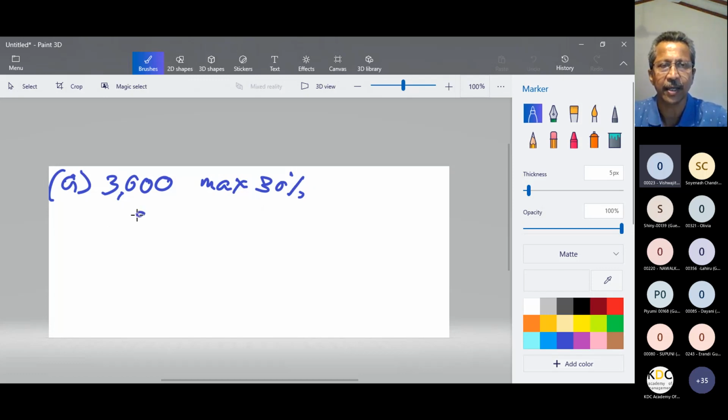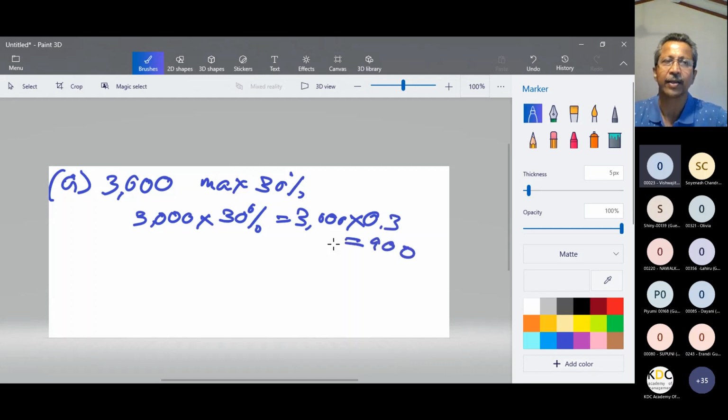So you have to multiply 3,000 by 30%. We know the fraction as 0.3, so it's 900. So the maximum you can spend on housing is 900.